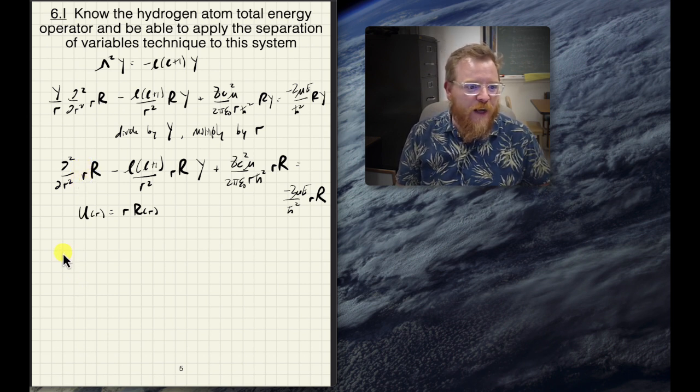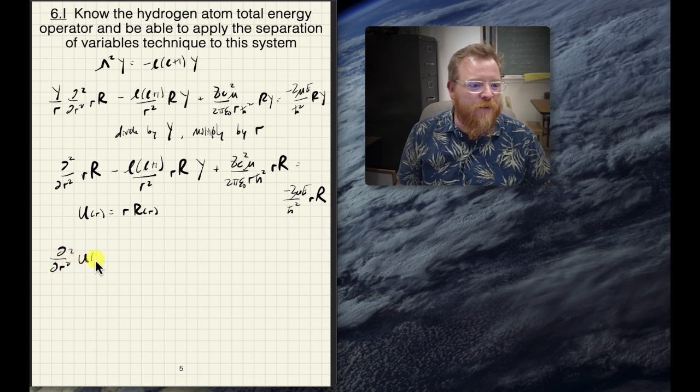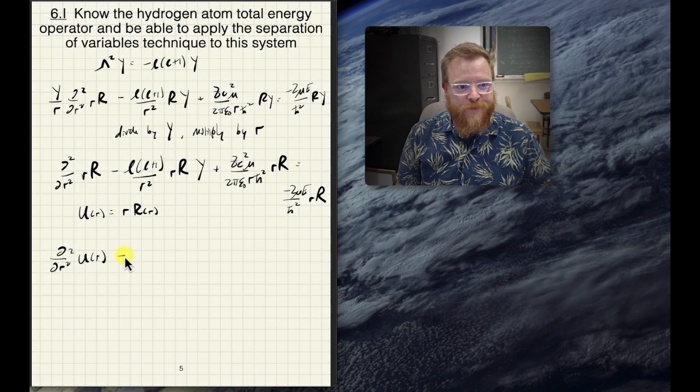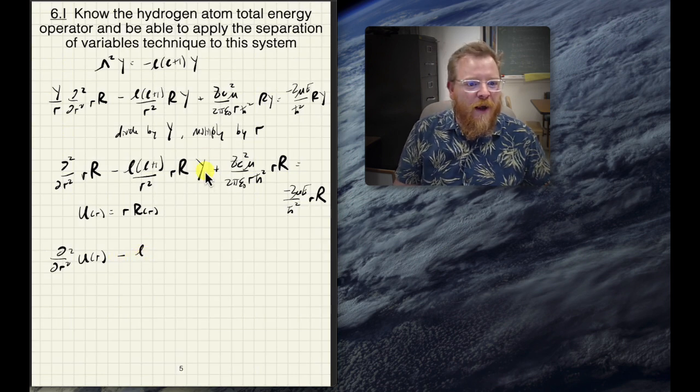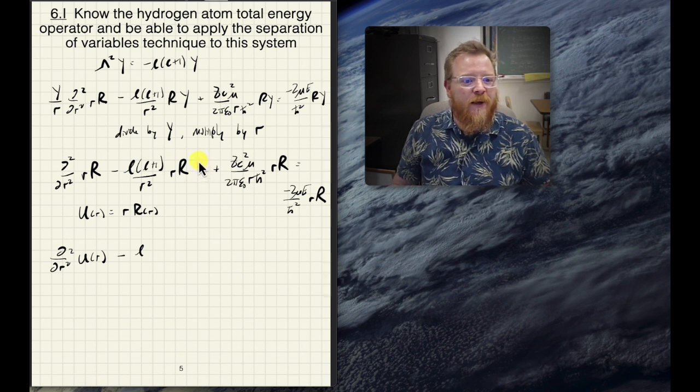So finally what we end up with is the following. Second derivative of the function u of r, minus L. Oops, and you know what? I meant to eliminate that y. Maybe you were thinking, why isn't that y gone? It is gone because we divided by y. There it is.